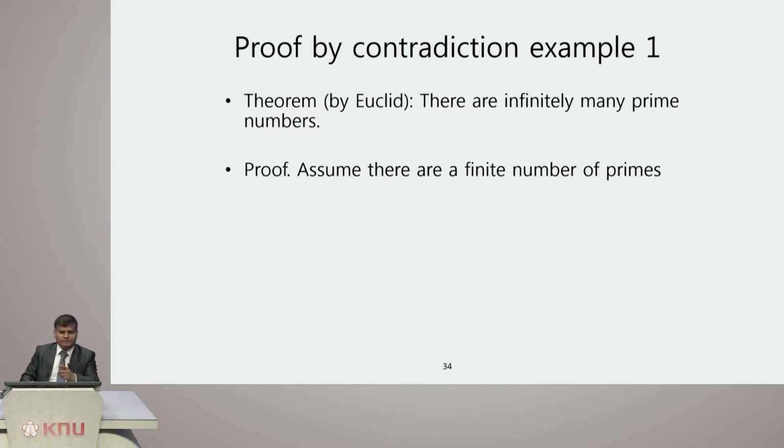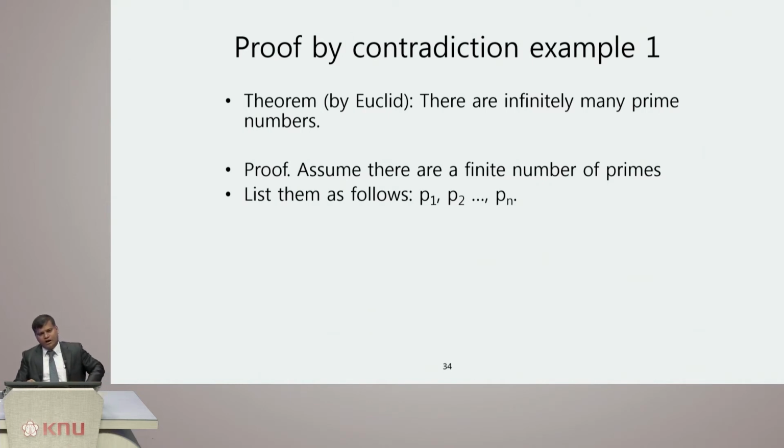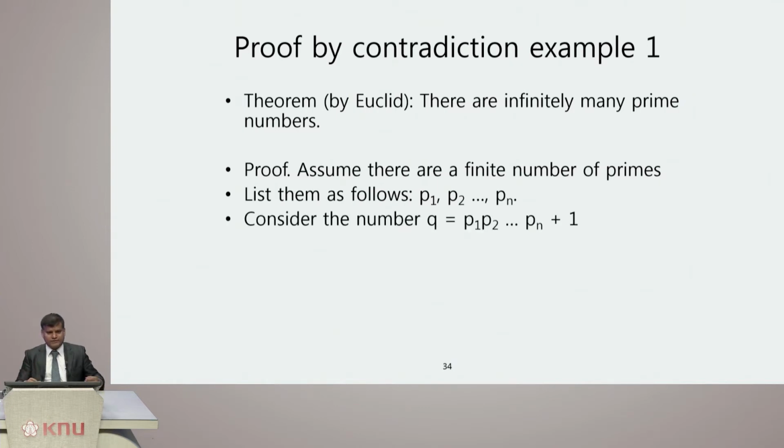So here again, we have P1, P2, till Pn. So these are the finite number of primes that you have there. And with this finite number of primes that you have in hand, we are trying to prove the case that is in hand.